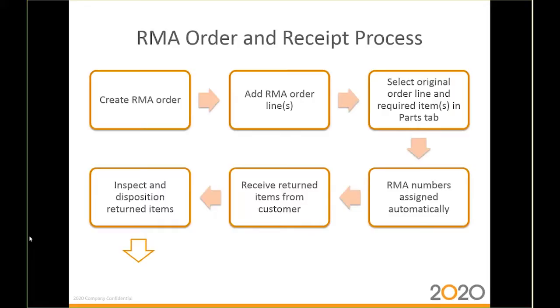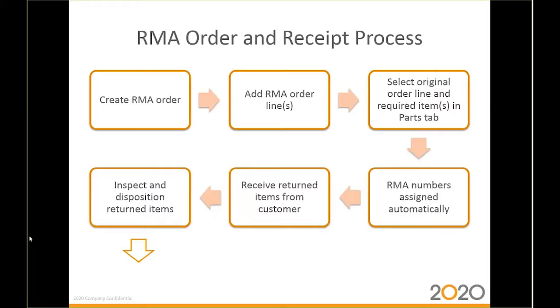So you would typically set up an RMA order type and an RMA line type. You would put in an RMA order for that customer, select the original order line via the parts tab in sales order lines. The RMA IDs are assigned automatically, and you would typically have a sort of parallel RMA order type workflow.